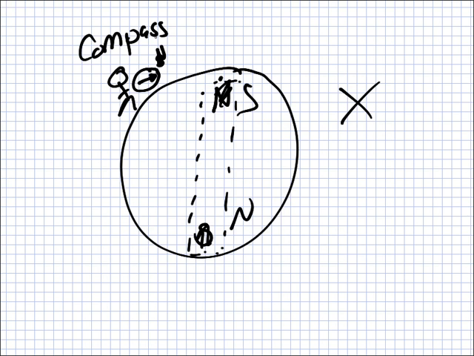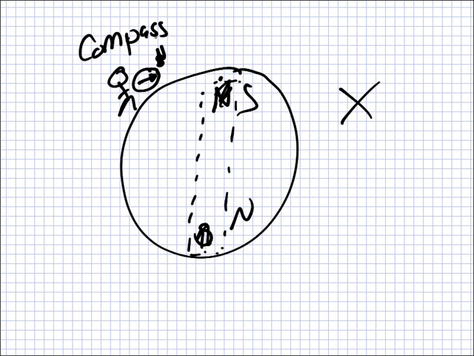Exactly. So you see, where's north? This is north? Yes. Okay, so if that's north, then at the top must be a south pole. Because if that was north, and this was north, then it would be pushed that way. But if north is this way on this magnet, then that over there must be south. They must be opposite.